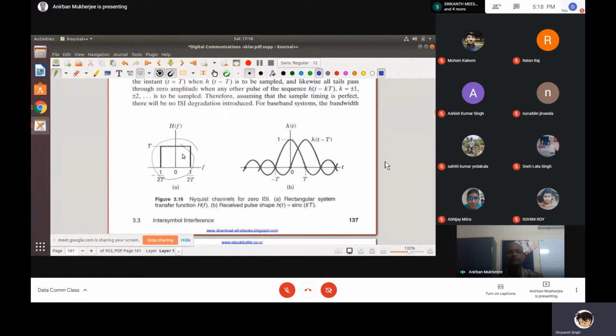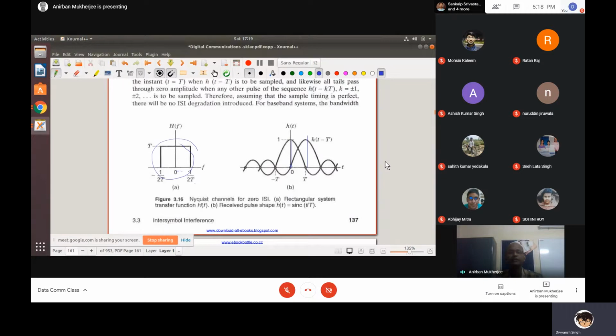It is a rectangular transfer function, where the symbol rate is T samples per second. Here you are sending one symbol, here another symbol, so the gap is T seconds. That means per second T symbols you are sending.